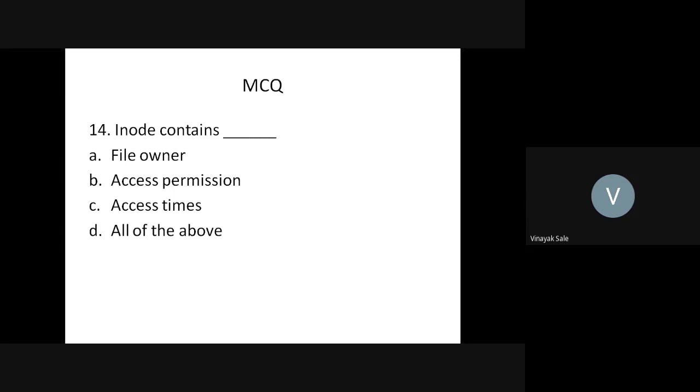So inode contains all of the above, that is file owner, access permission, access time.